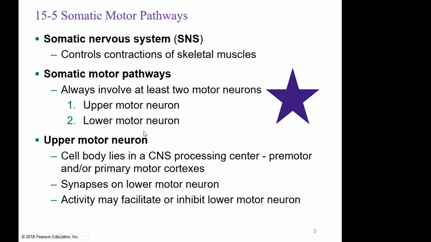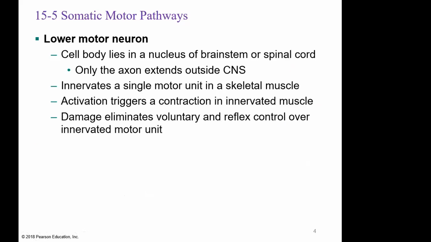For the upper motor neuron, the cell body will lie in a CNS processing center, the premotor and or primary motor cortexes in the brain that we've already gone through. They will synapse on the LMN, and their activity can either facilitate or inhibit the lower motor neuron. So it can either tell the lower motor neuron to do something or to not do something.